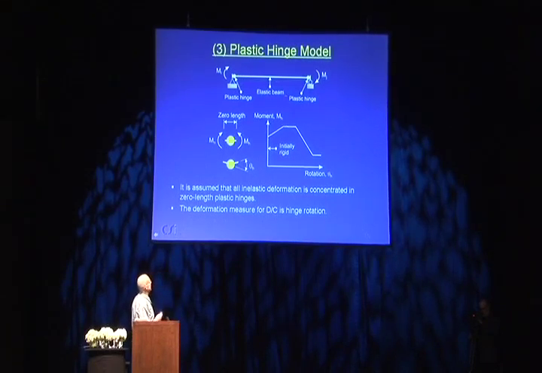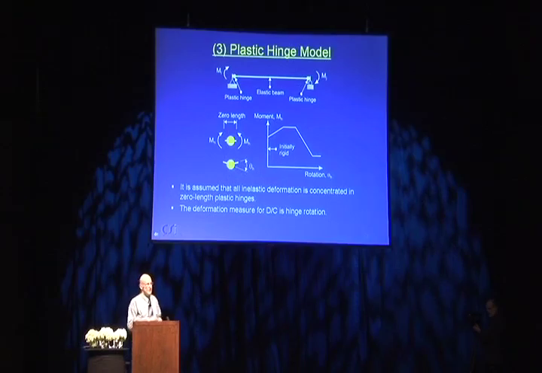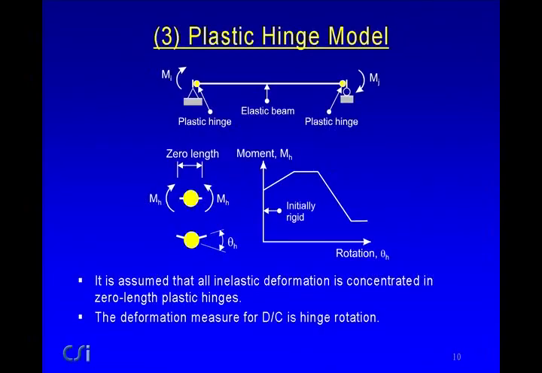In a simple case, you have an elastic beam with a plastic hinge at each end. This is the column face, by the way, because we're looking at the clear span. A plastic hinge is literally a zero-length hinge, very much like a rusty hinge. It's rigid until you reach a certain moment, then it rotates.